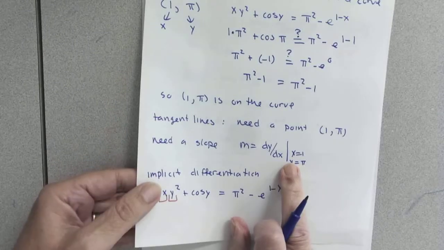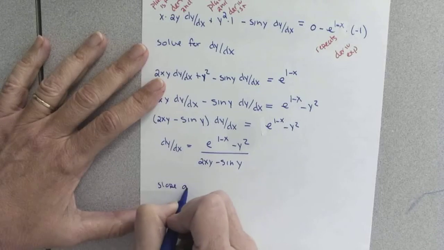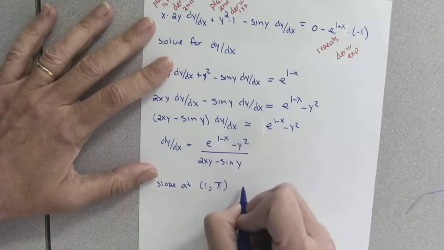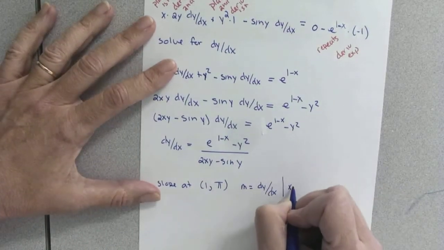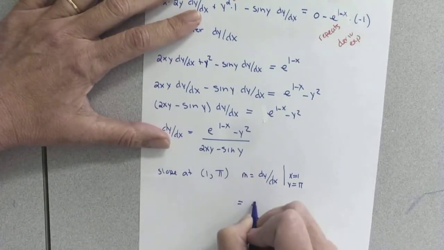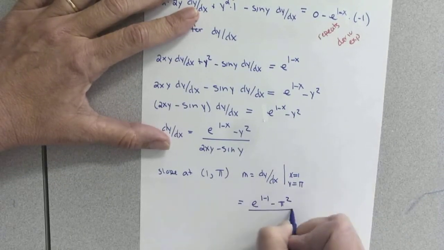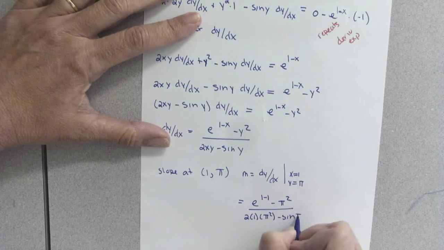Now let's remember what we were doing. We were trying to find the slope. So the slope at 1, pi, yep, that was the point, is m equals the derivative evaluated at x equals 1, y equals pi, which would be e raised to the 1 minus 1 minus pi squared over 2 times 1 times pi minus sine of pi.